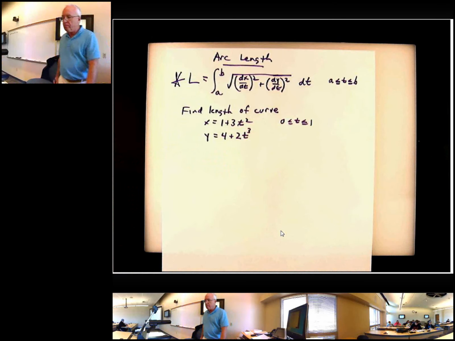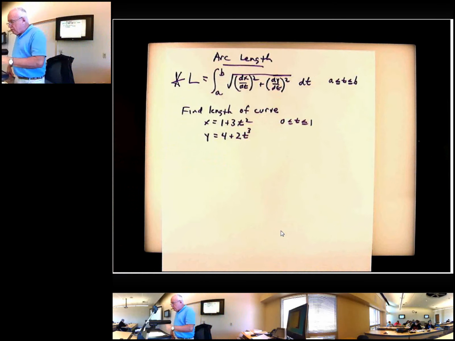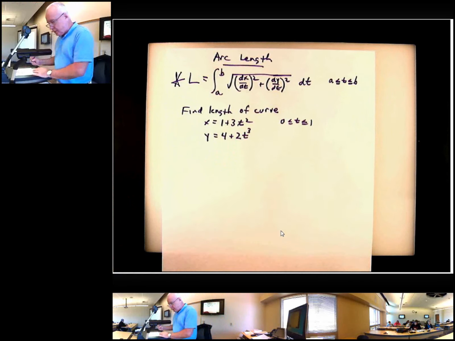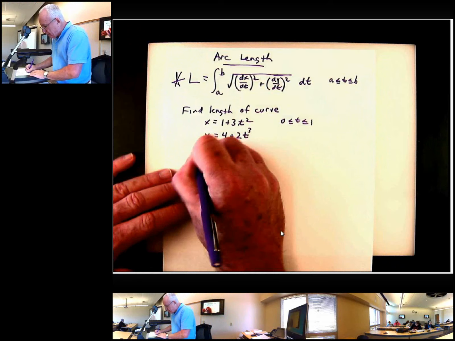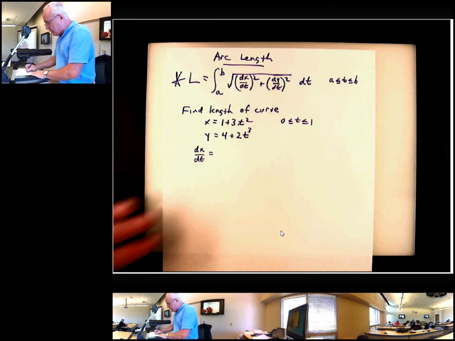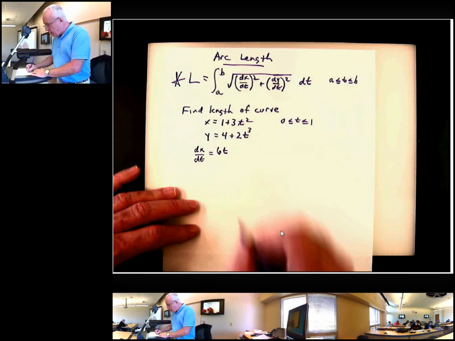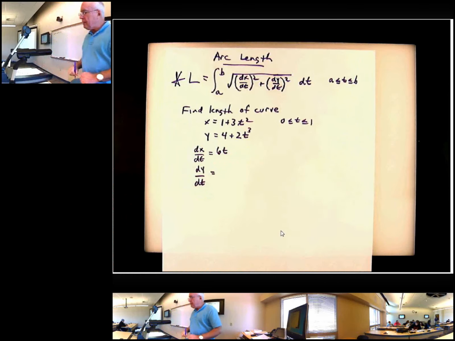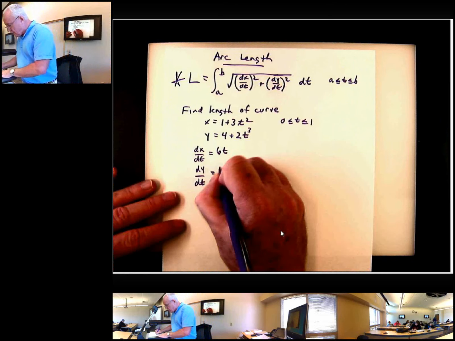Okay. So first of all, we have to figure out dx/dt and dy/dt. So let's do that. dx/dt here is just going to be 3 times 2, 6t. dy/dt is going to be 6t squared.